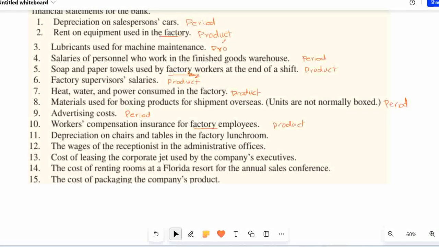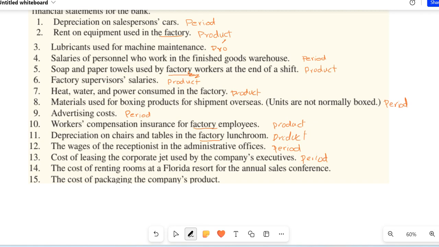Depreciation on chairs and tables in the factory lunchroom, it's a product cost. The wages of the receptionist in the administrative department, period cost. Cost of leasing the corporate jet, which will be used by company executives. It will be a period cost.